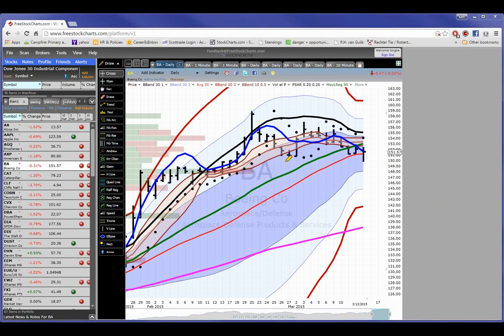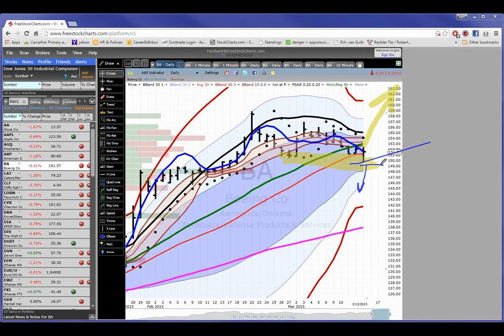There we go. Yeah, so if it holds here above this support level, then we can make the case for the long side. But again, failure below that, like if it gets below 150, that one to me is shortable.